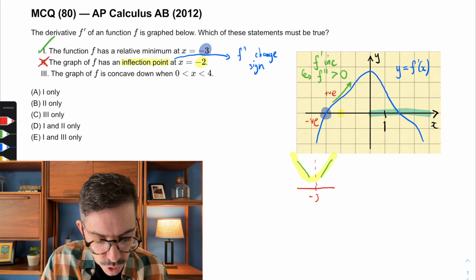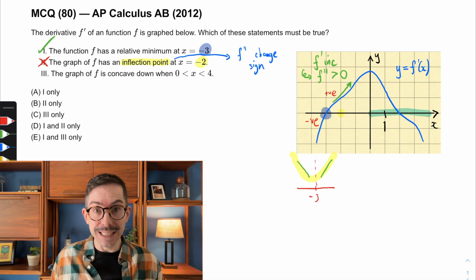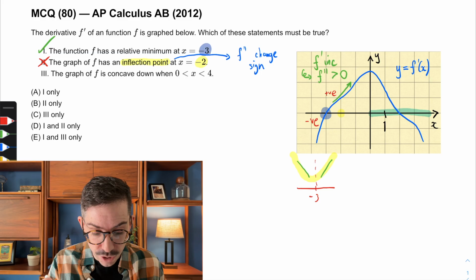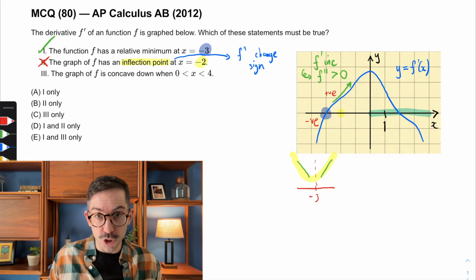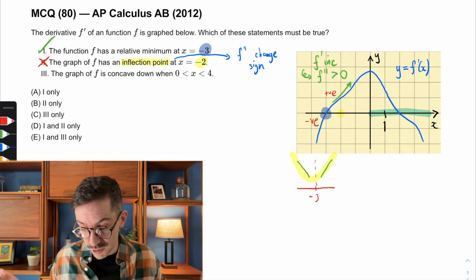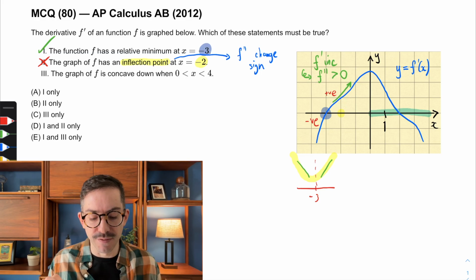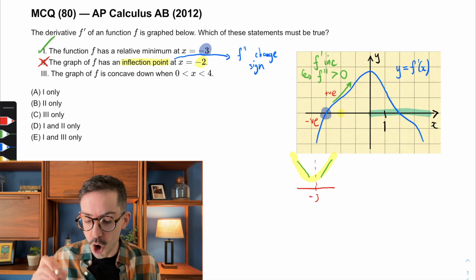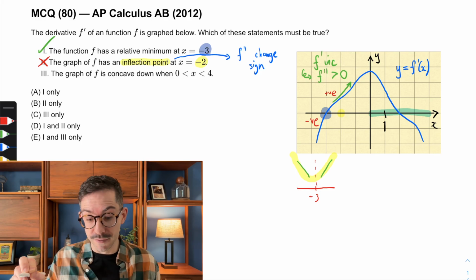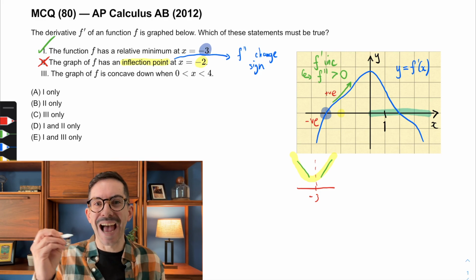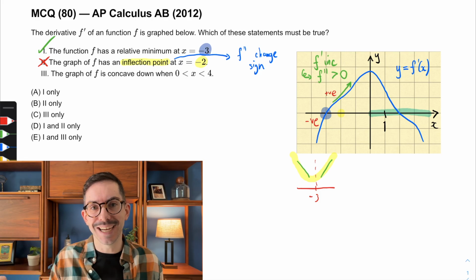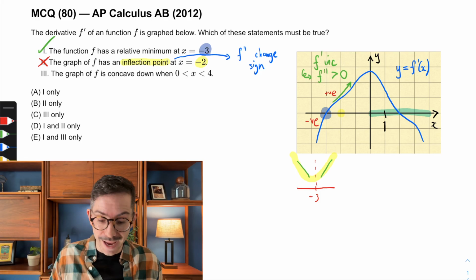So if you look at our answer choices, I know it's either going to be A or E at this point, because 1 is certainly true, and 2 is not true. I just don't know if 3 is true or not, so let's figure that out. The third statement is saying the graph of f is concave down on the interval 0 up to 4. Well, we've already talked about how concavity is detected by the second derivative f double prime.